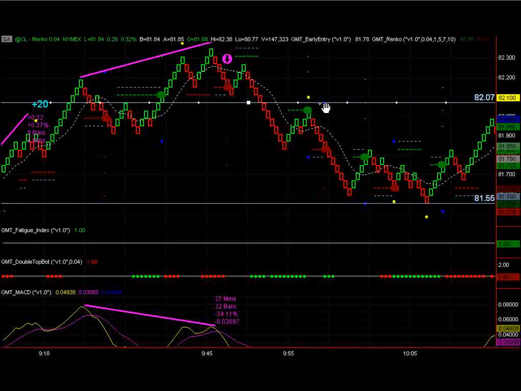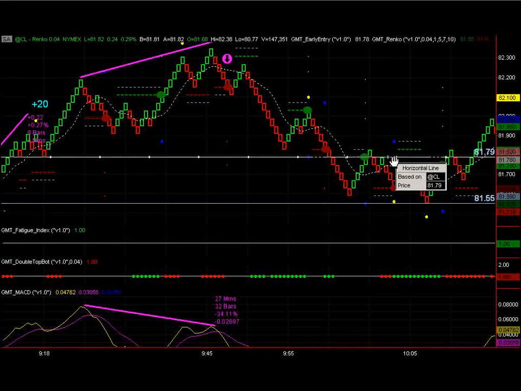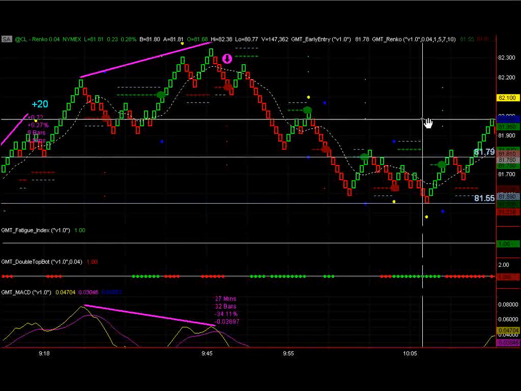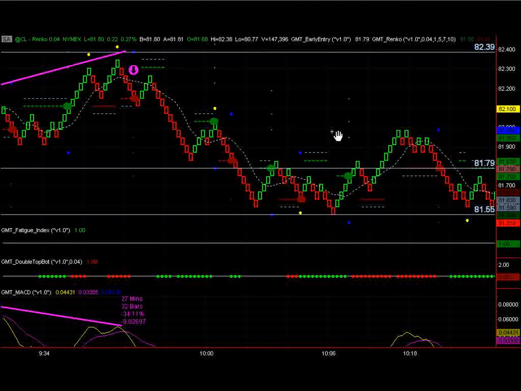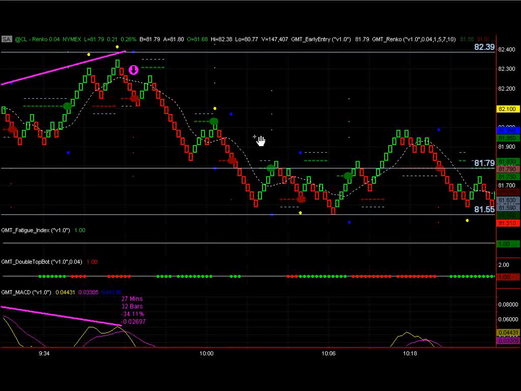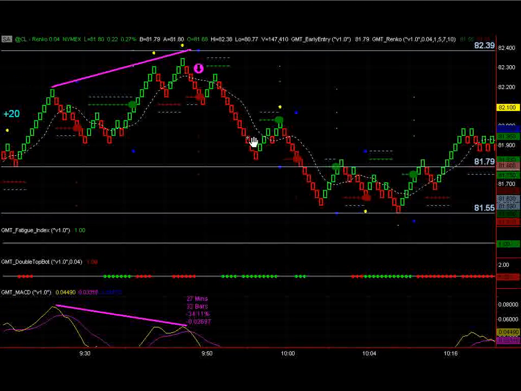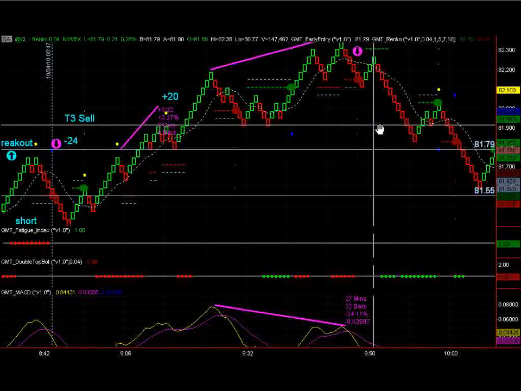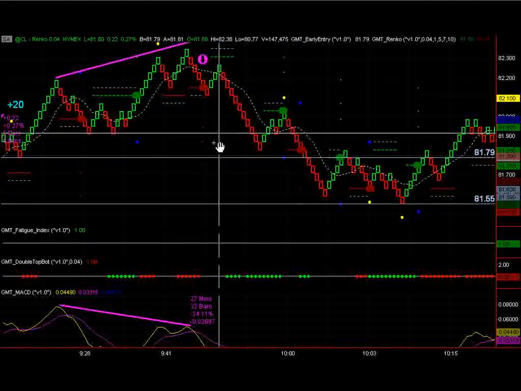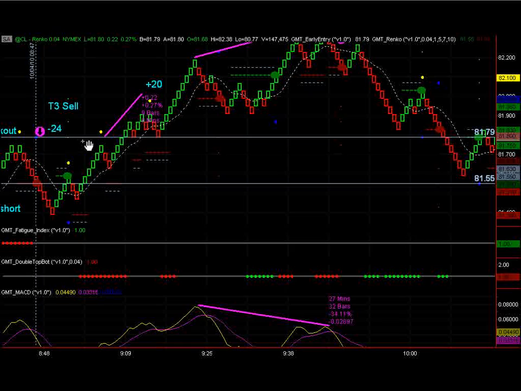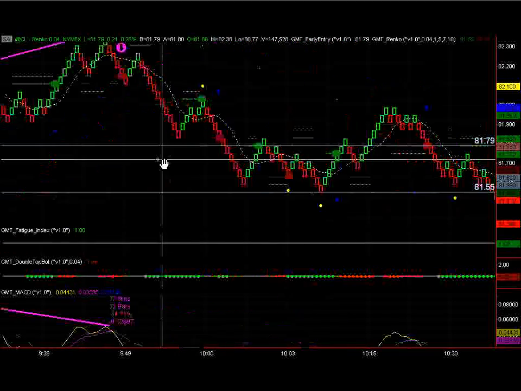That doesn't get hit, so then we push lower and we finally get taken out on this trade at 81.79. So we effectively collect 35 cents off that, 36 cents minus the 4 over here, so around about plus 32 for the session.